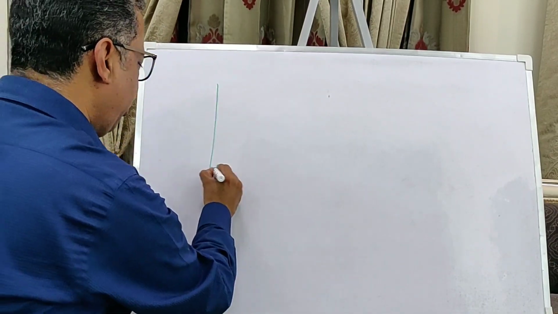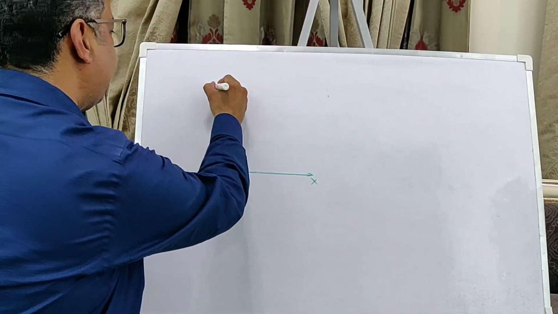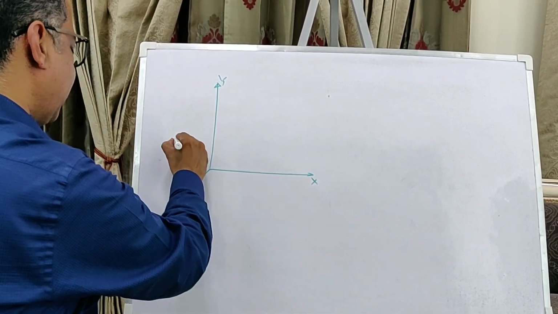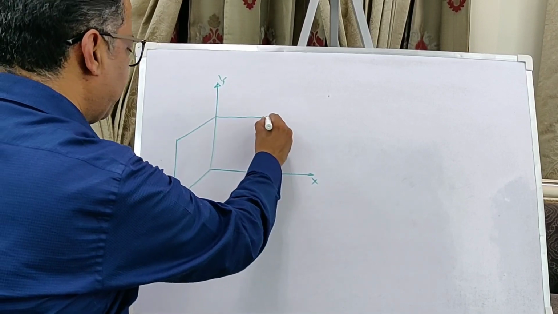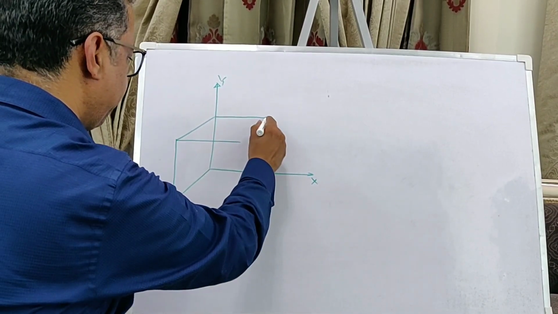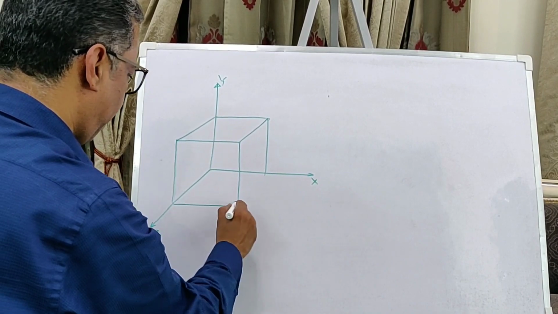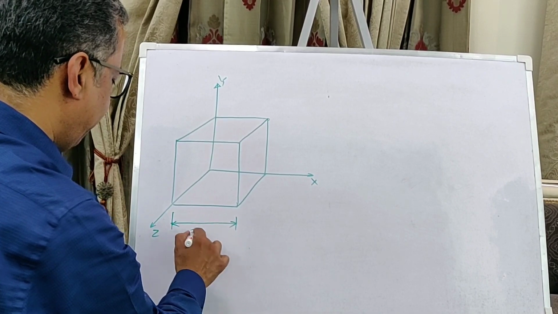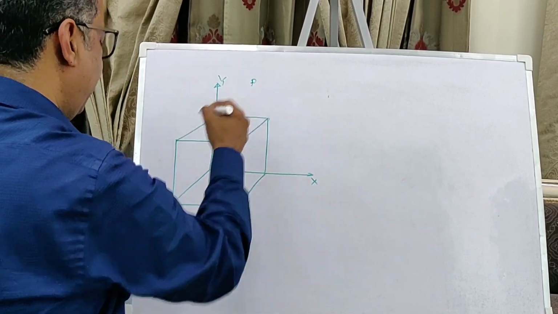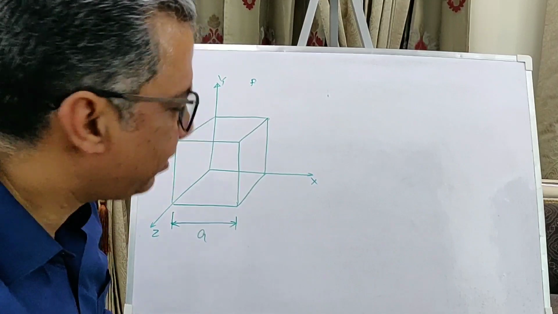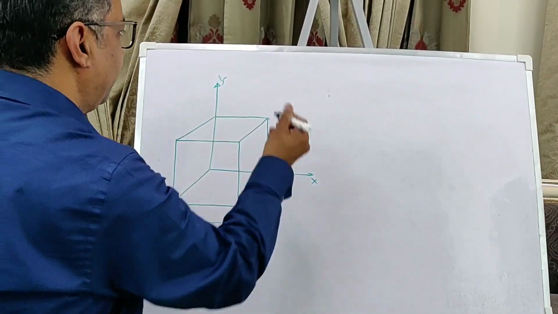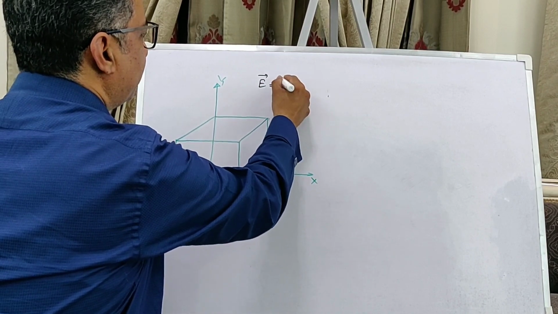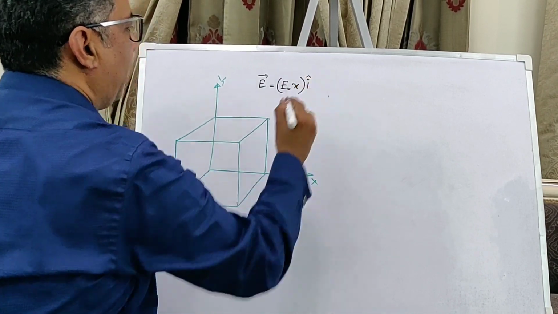where we had a cube. This is the x-axis, y-axis, z-axis, and we had this cube here of side or edge length A. The edge length of this cube is A, and the electric field in this entire region of space E is E naught x i cap.